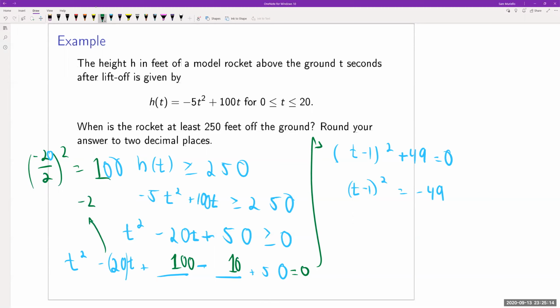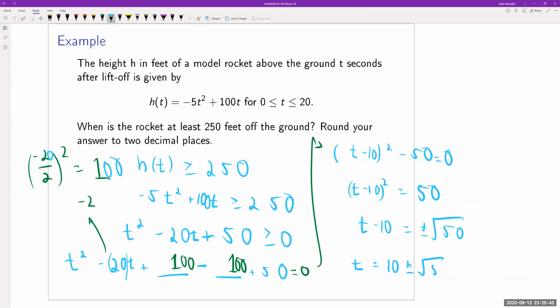So that means that this will be equal to t minus 10 squared minus 50, and that means that t minus 10 squared is equal to 50. That makes more sense. Then I can go ahead and take the square root, so t minus 10 will be equal to plus or minus the square root of 50, which means t is equal to 10 plus or minus the square root of 50.